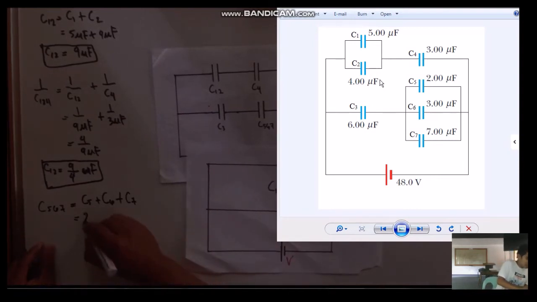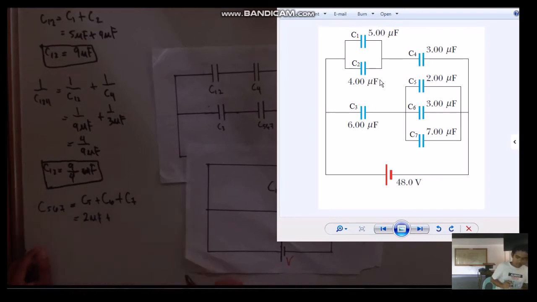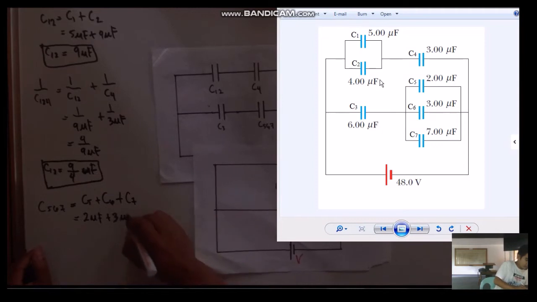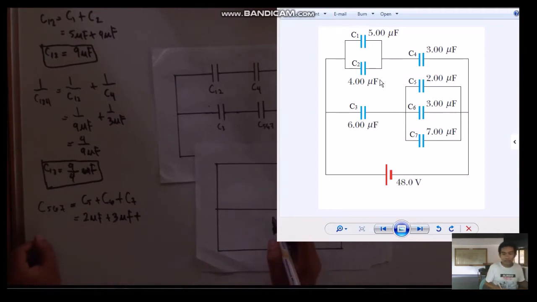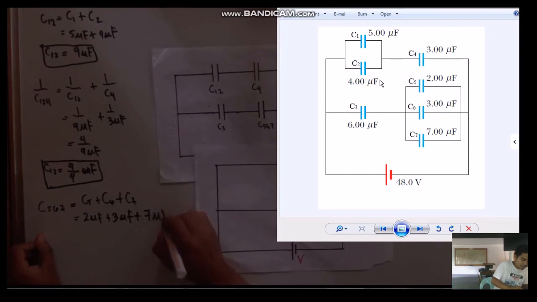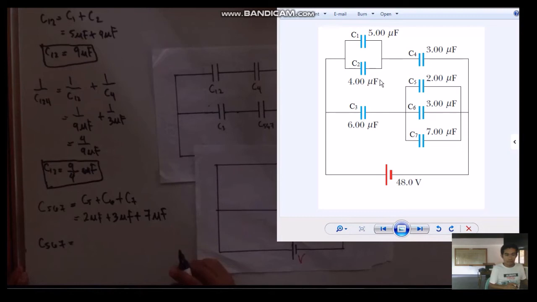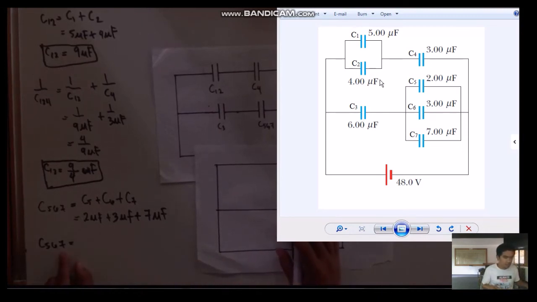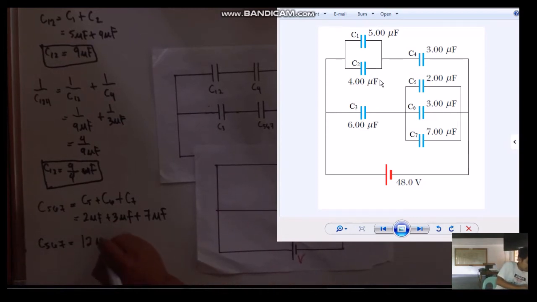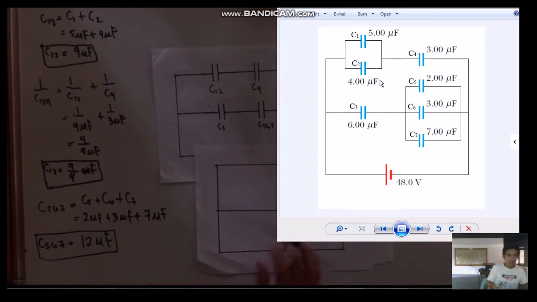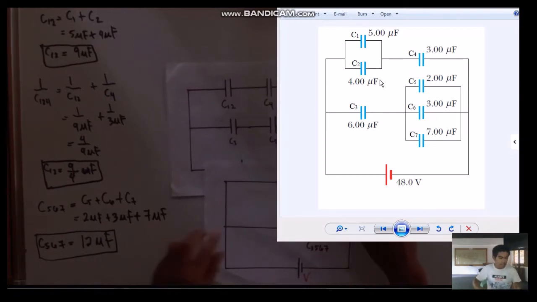That's 2 microfarad, plus C6 is 3 microfarad, plus C7, that's 7 microfarad. Then C567 equals 2 plus 3 plus 7, which is 12 microfarad.